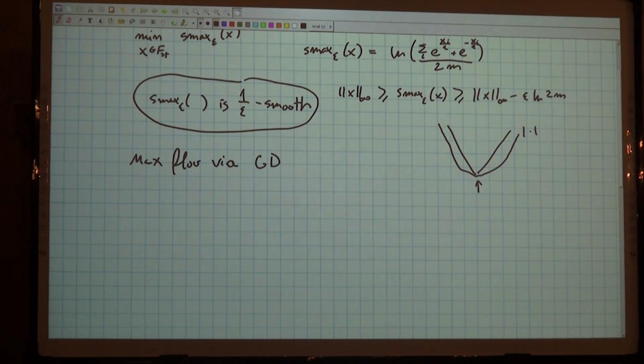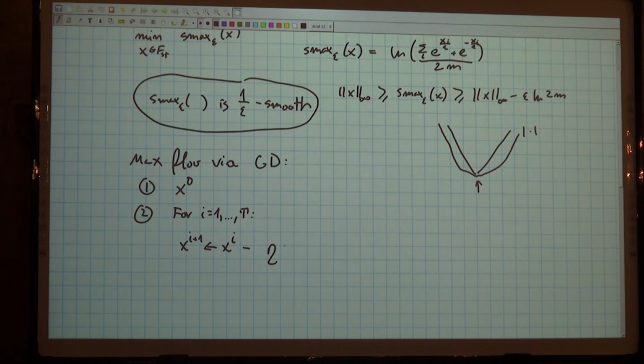We start with some initial solution, and then in each step, it's always the same algorithm: for i from 1 up to some capital T, x_{i+1} becomes the old solution refined by a gradient step.